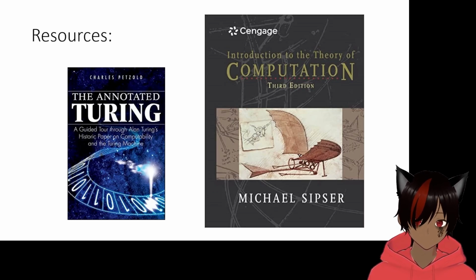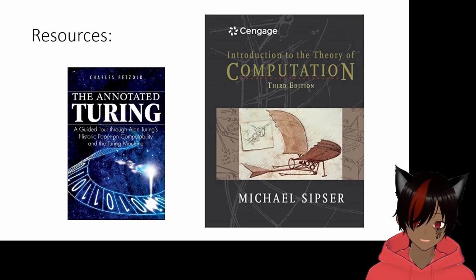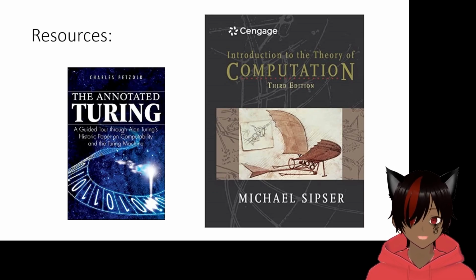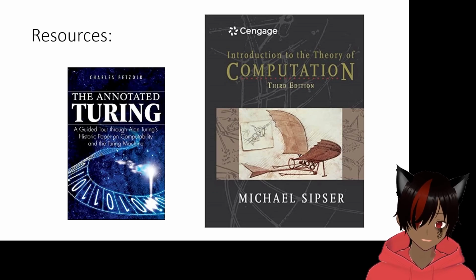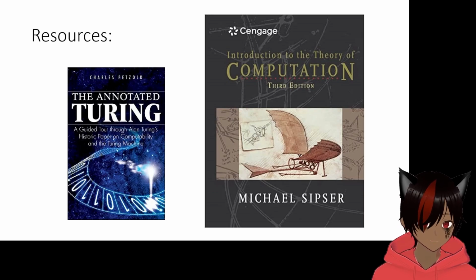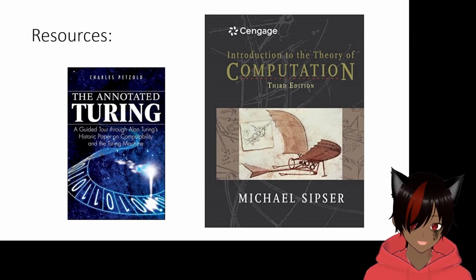I thought it really helped. And I would say Sipser's Introduction to the Theory of Computation is just the go-to textbook for this sort of thing. I think it's really well done. This is a weird comment, but it's one of the most beautifully formatted books I've read. It's very well done. So I would highly recommend that.